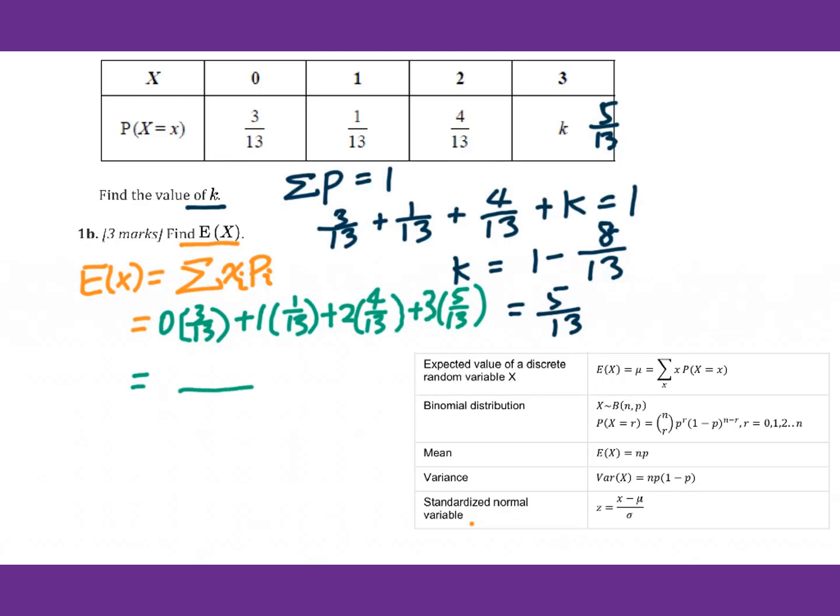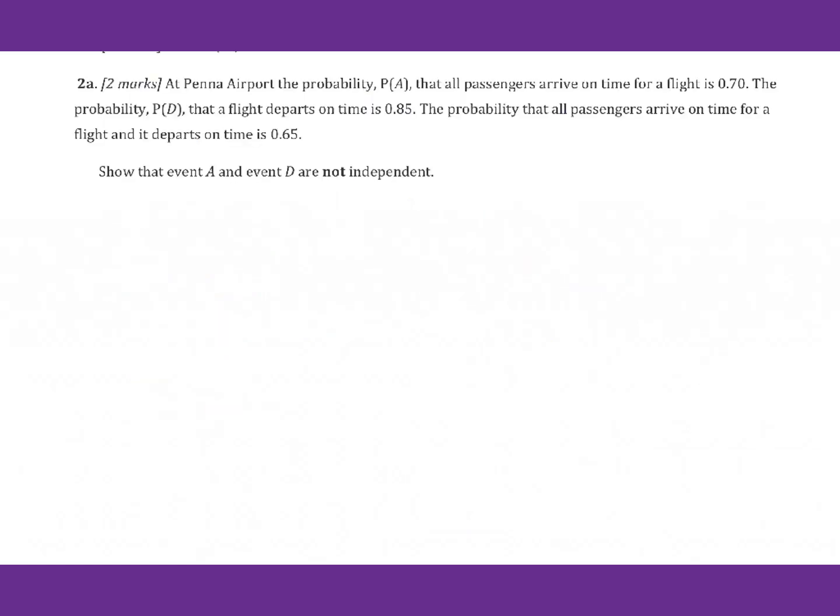You will get denominator will be 13. 24 over 13. Let's go to 2a.